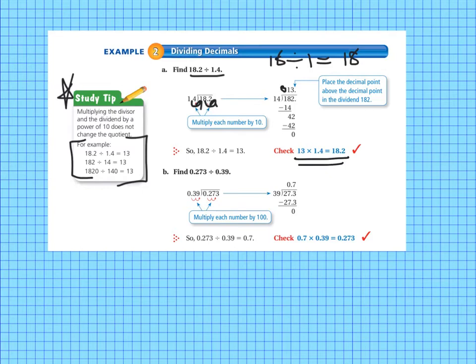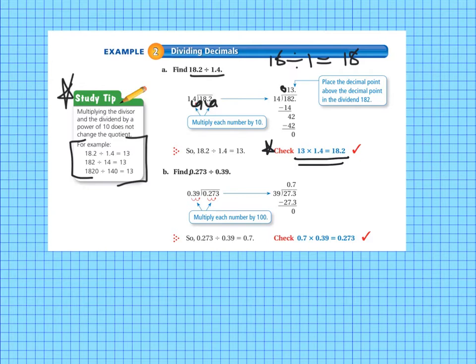Sometimes we like to put a 0 there so that it doesn't sneak over into the wrong spot. 14 times 1 is 14. You subtract, there's a 4, you bring down the 2. 14 goes into 42 exactly 3 times, so you end up with a remainder of 0. So you can check your work either by multiplying or by checking your estimate.